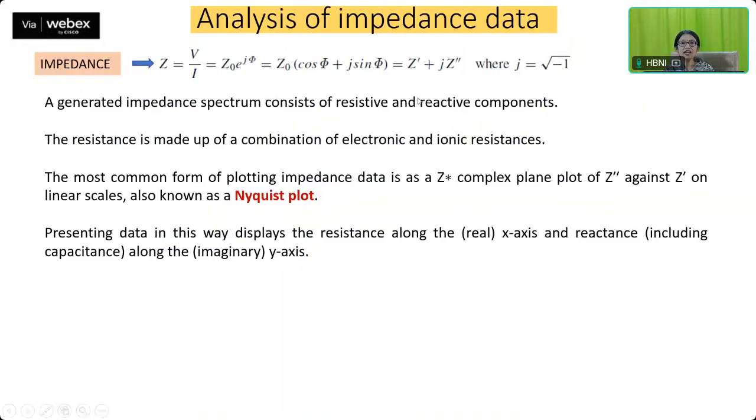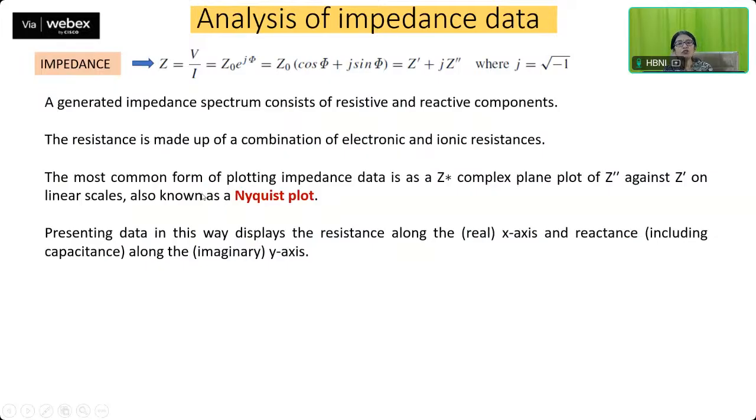So impedance, we will write something like this: Z0 (cos φ + j sin φ). So it is Z′ + jZ″, where j is nothing but the square root of −1. So what we can say is that the generated impedance spectrum has a resistive and also a reactive component. The resistance is made up of a combination of electronic and ionic resistances.